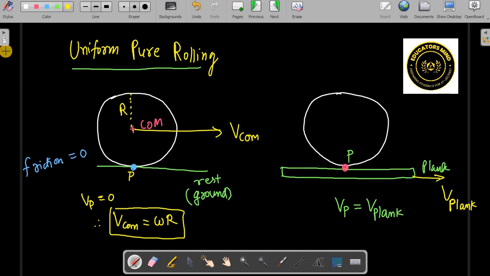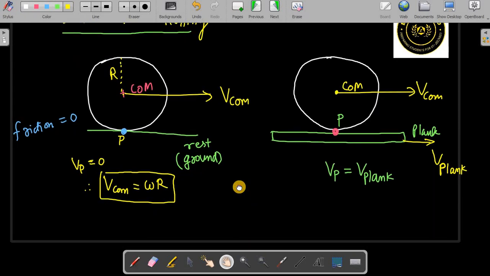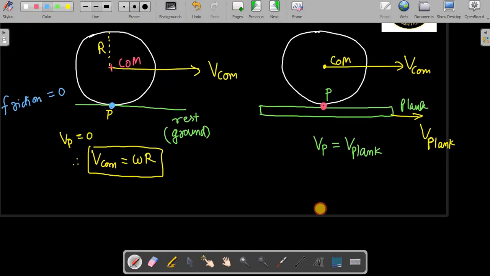Here again, in the same way, you can derive that this is the center of mass, and the center of mass is going with this velocity. If you draw the velocity of point P with respect to center of mass, it must be going in this direction. So the velocity of point P with respect to center of mass is minus omega r. Here of course we are taking a point at the periphery.